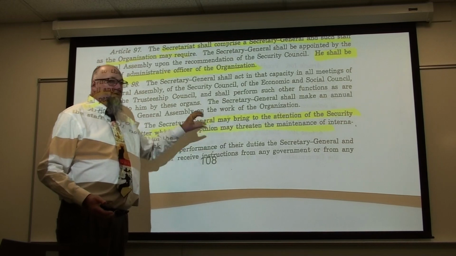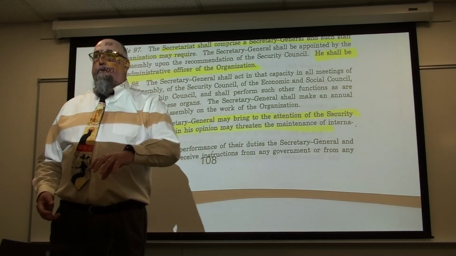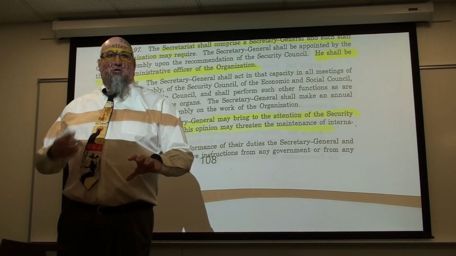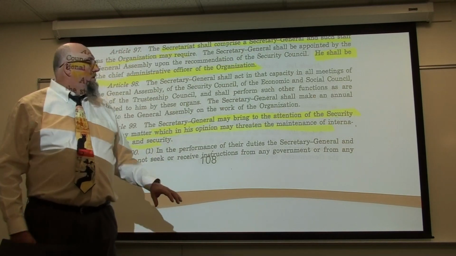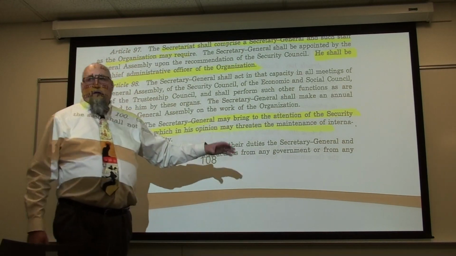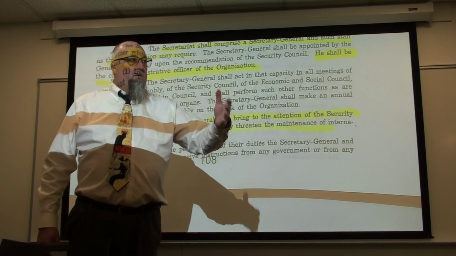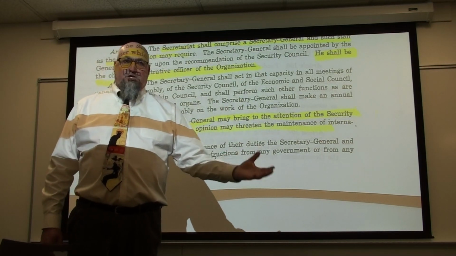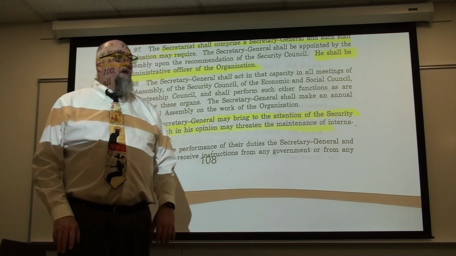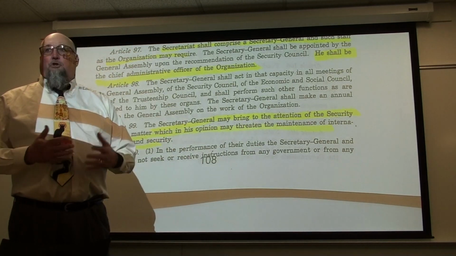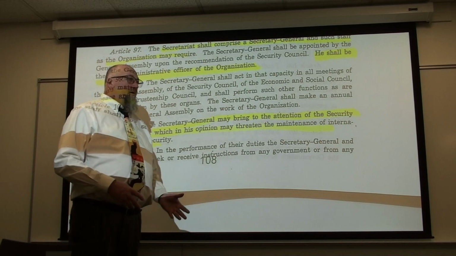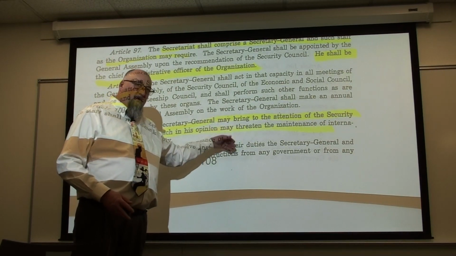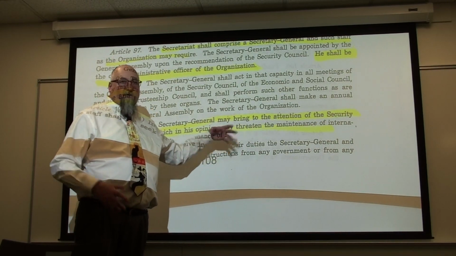So this gives one person the ability to go to the Security Council. Normally you'd have to go there from the General Assembly. And so, if there's a problem that develops overnight, you can make one phone call to one person, the Secretary General. The Secretary General can then initiate a meeting of the Security Council as a streamlined process. Now you can imagine, reading between the lines here, there's a lot of politics involved in that.